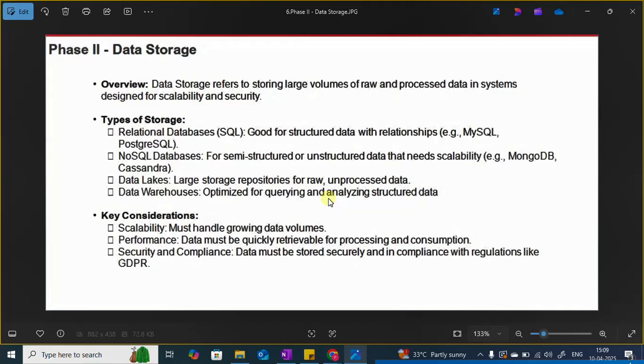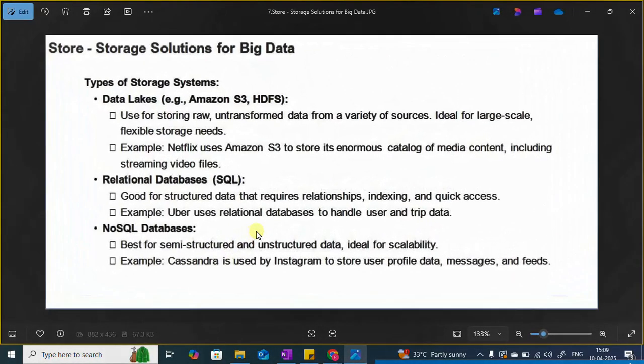Okay, these are the different key takeaways and different storage layers we are using. Coming to NoSQL, we are using either MongoDB or Cassandra. Coming to SQL, we are using MySQL, PostgreSQL, or maybe Oracle, whatever name. Now coming to different file systems for big data.